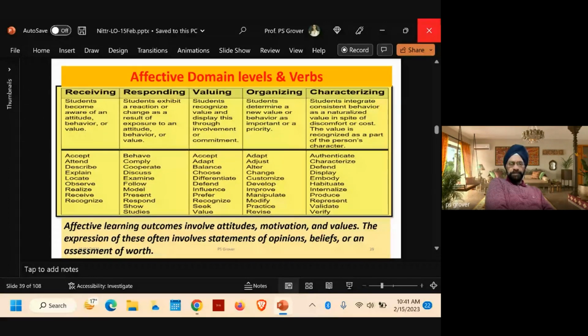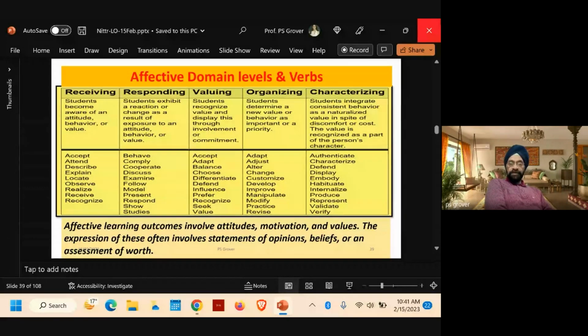Then, does he practice? Does he lose the importance of this? Is he using it in real life? Has it become a part of his routine life? So that means good things, student responds, student understands and values and uses in daily life.